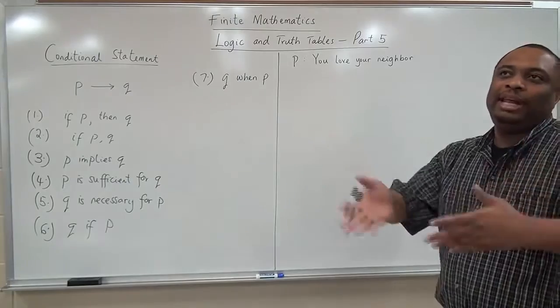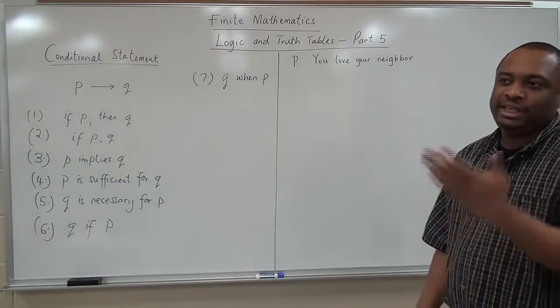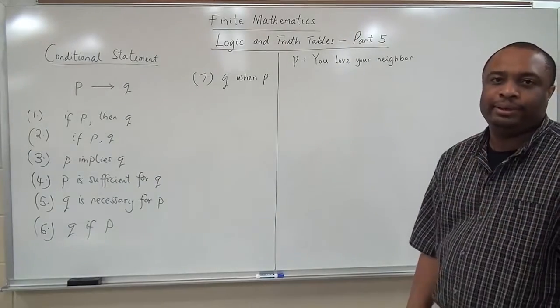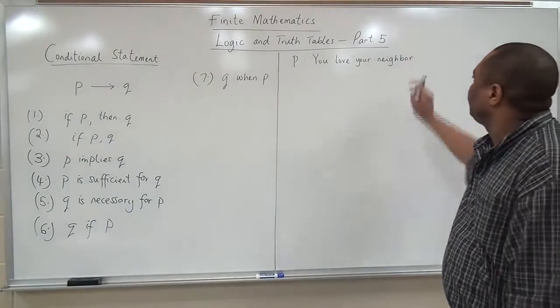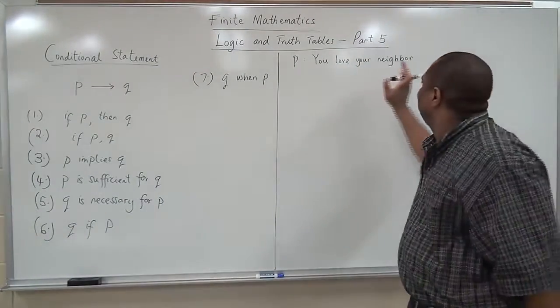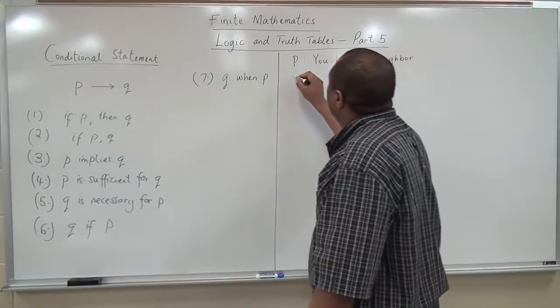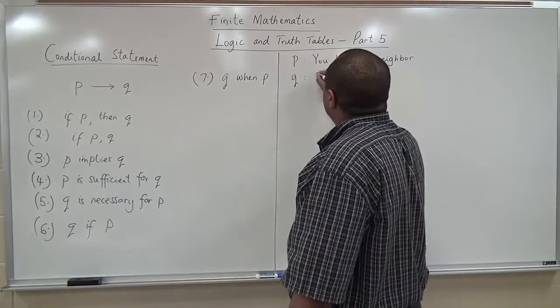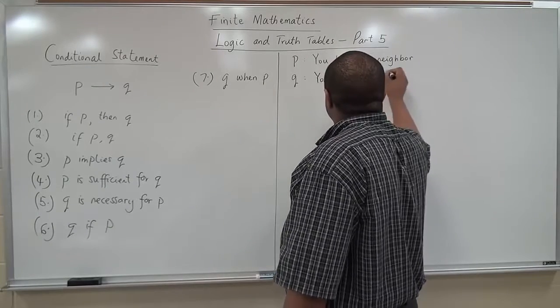Likewise, labor, L-A-B-O-R, but British English, L-A-B-O-U-R. I think the same thing applies to British English, you put a U, but American English does not. Okay? You love your neighbor, P. Then Q, you shall see God.